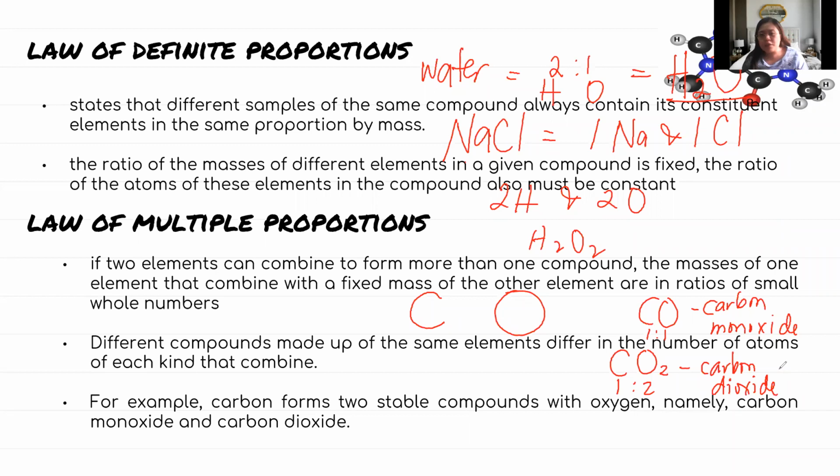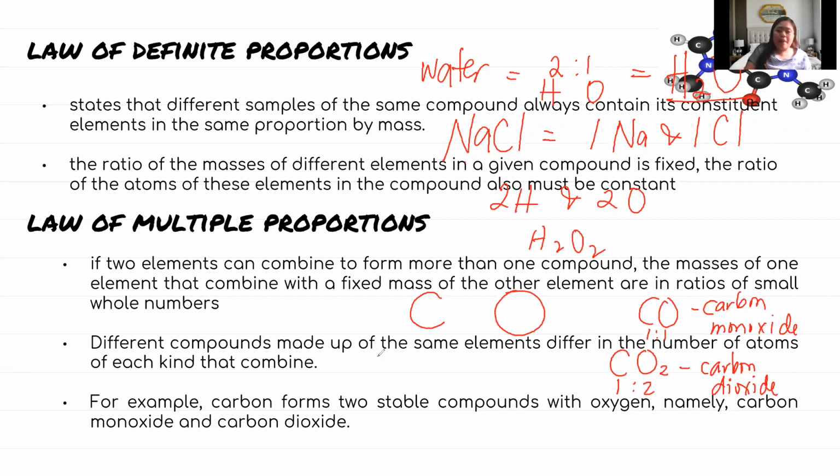So, ang sabi ng law of multiple proportions, the elements can combine. Again, pwede sila mag-combine at different na proportions or different na ratio to give rise to different compounds like this one. Carbon monoxide and carbon dioxide are two different compounds, but pareho sila na they have carbon and oxygen.